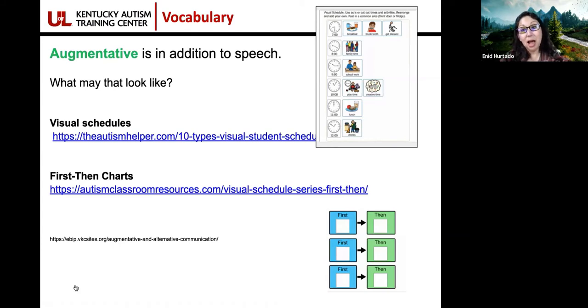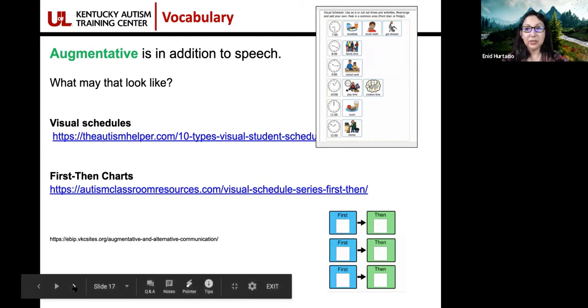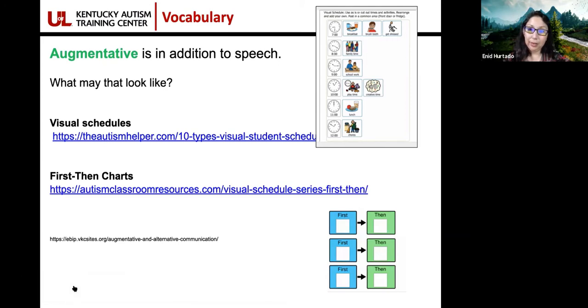It's probably just the lack of research that specifically looked at individuals with autism. But this works so well for individuals who need that visual representation of information to help them understand what's expected of them to be successful with a task in a setting, an environment.